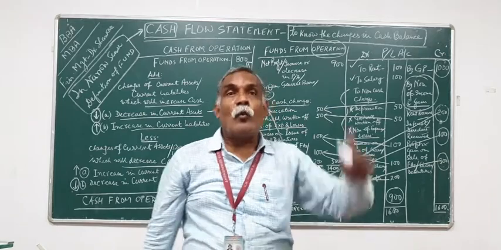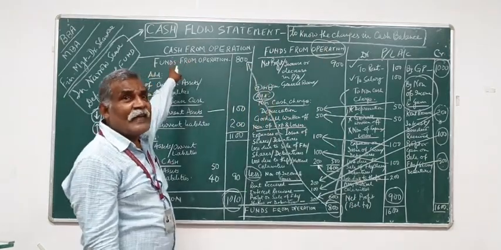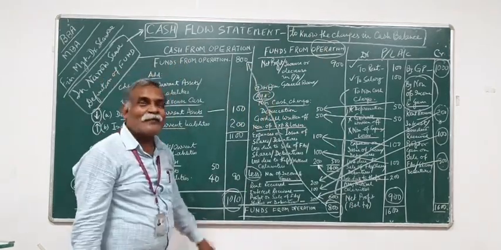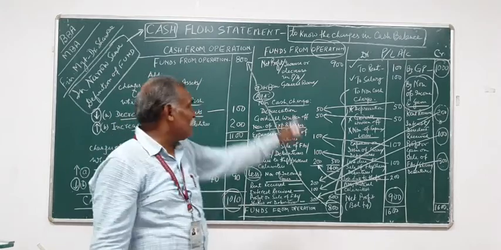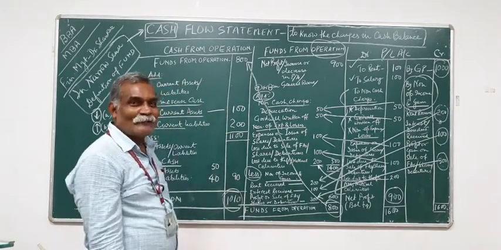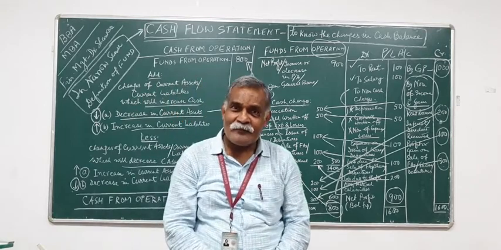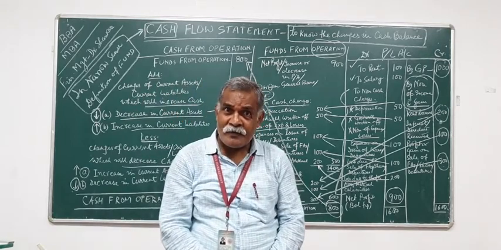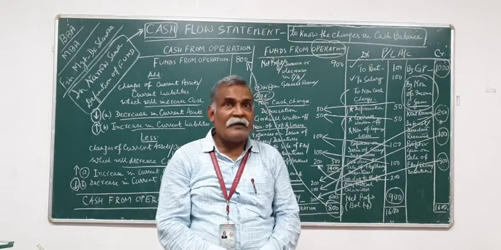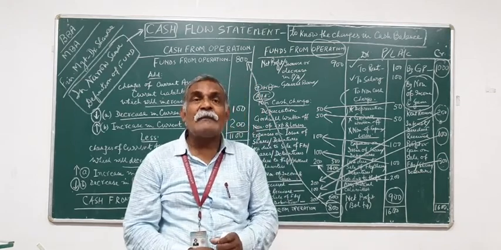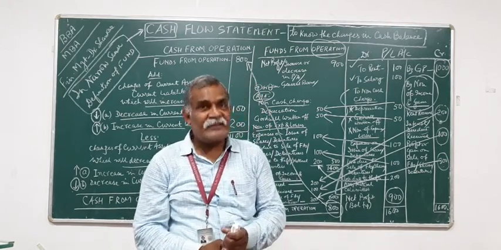It looks good. From where 1010 came, you should see cash from operation. Very clear. Everything is crystal clear to understand. Is that clear? Any problem? If not, then we will discuss again the remaining part of this cash flow statement.